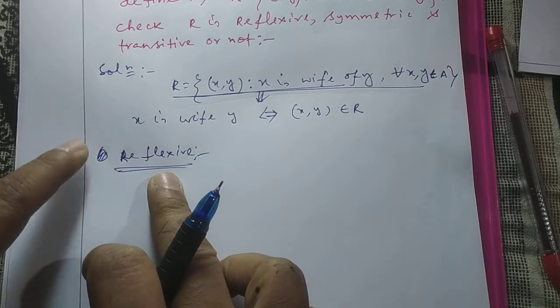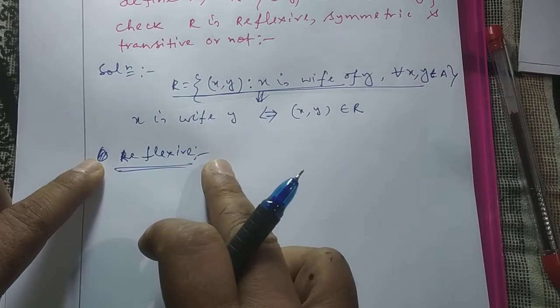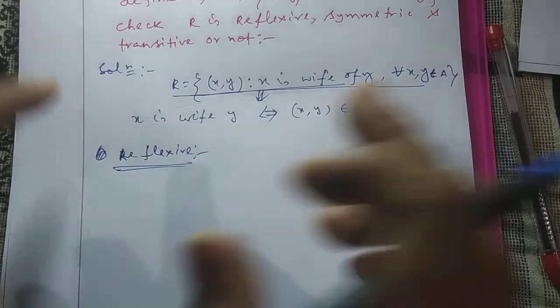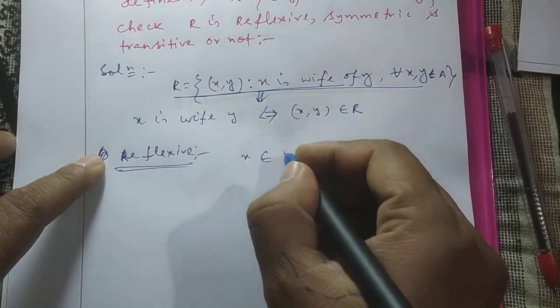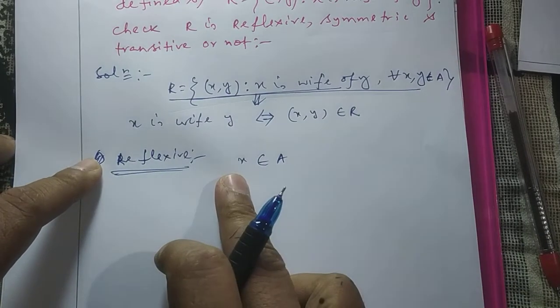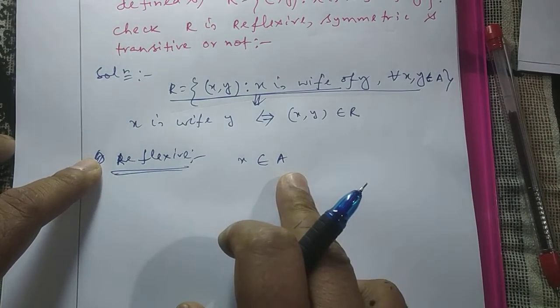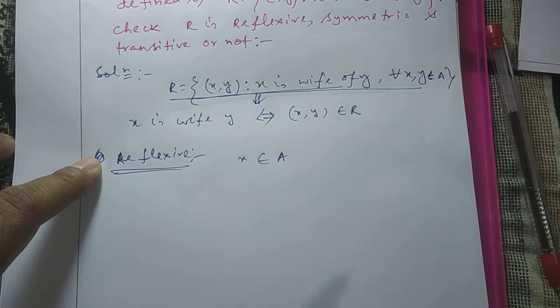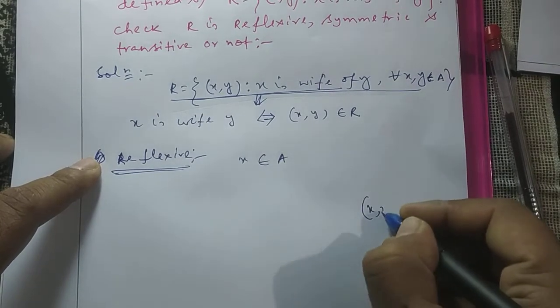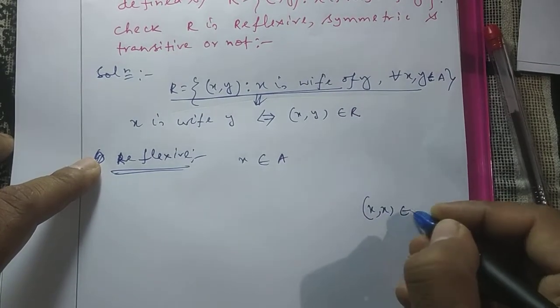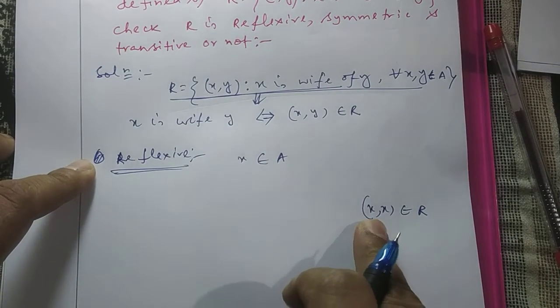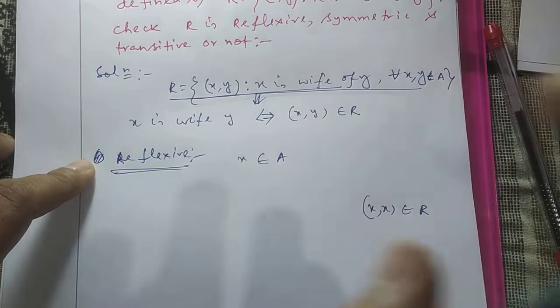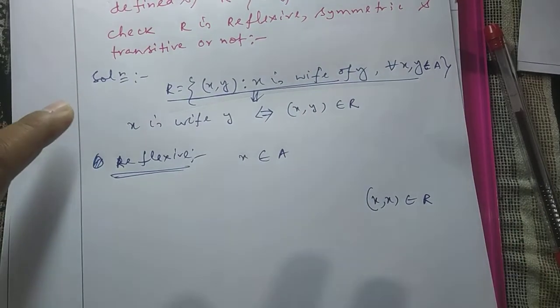We know by the definition of reflexivity, first we need to pick up one single element from the given set A. So let us pick up one single element x from the given set A. Now you have to check whether the same element's ordered pair (x, x) belongs to R or not. If it belongs, then you can say it will be reflexive, otherwise not. Now let us verify it.